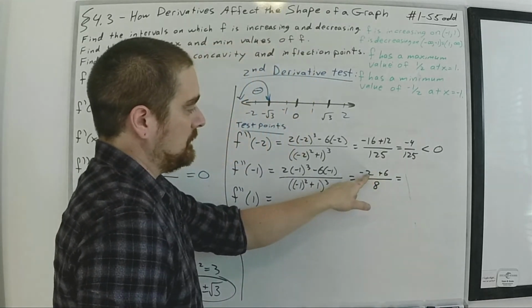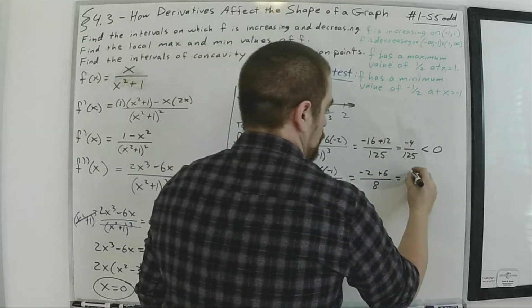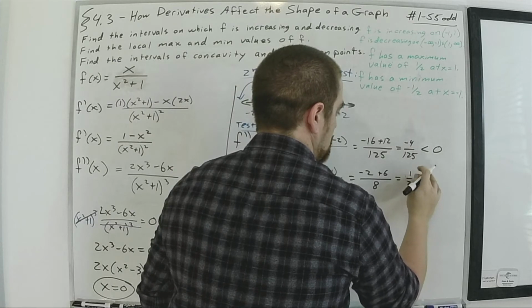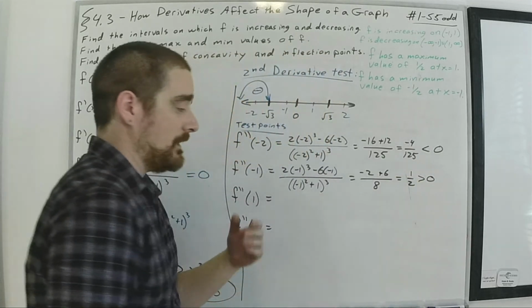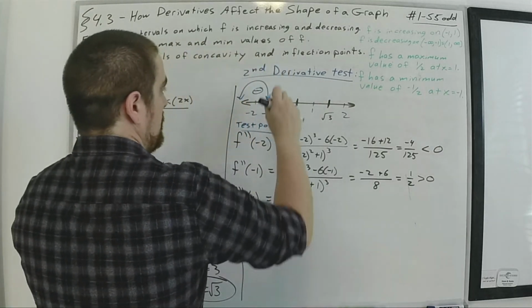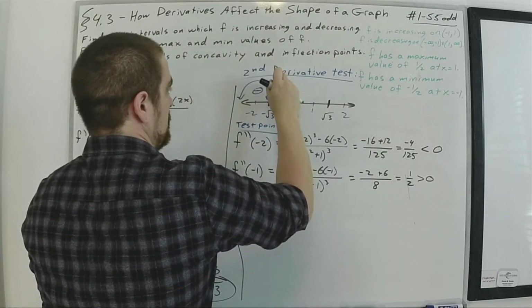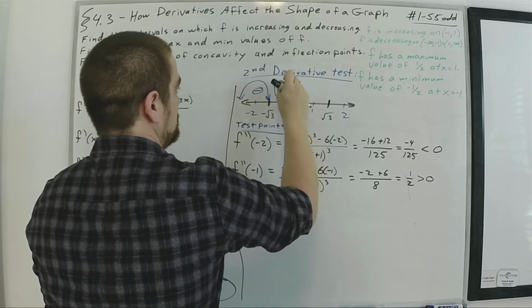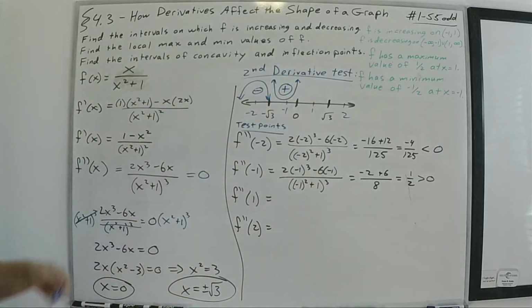So this will give me 4 over 8, which is 1/2. Again, I'm not super concerned that it is the value 1/2. I am concerned that it's positive. It being positive tells me that now my function is concaving upward. Positive second derivative, original f concaves up on that interval.